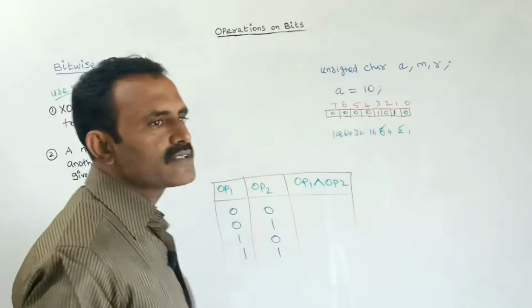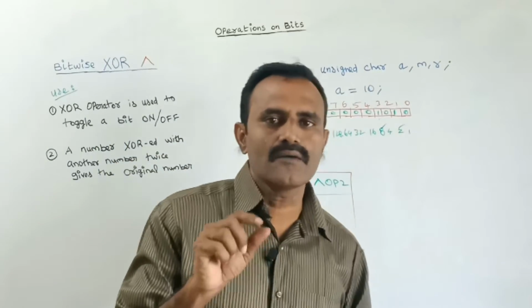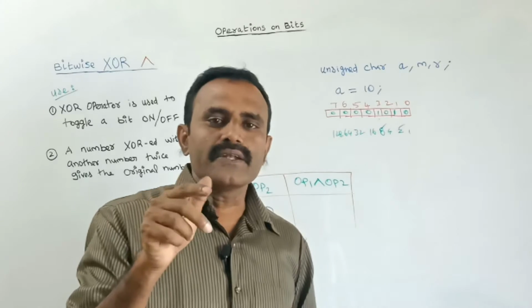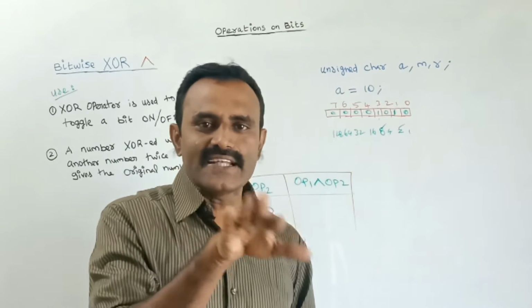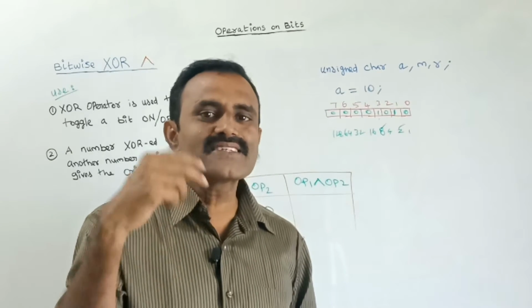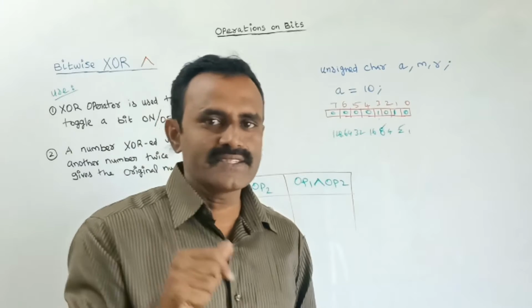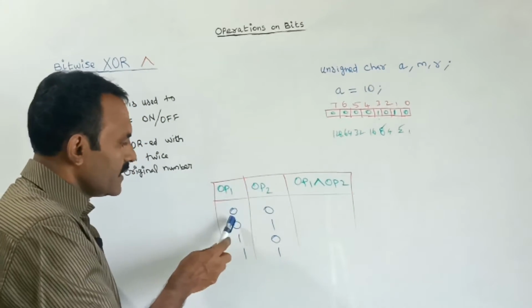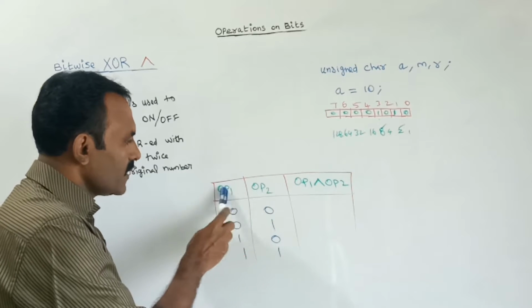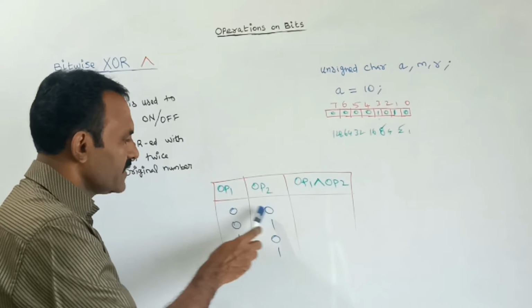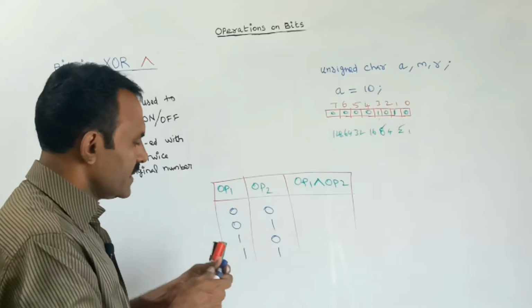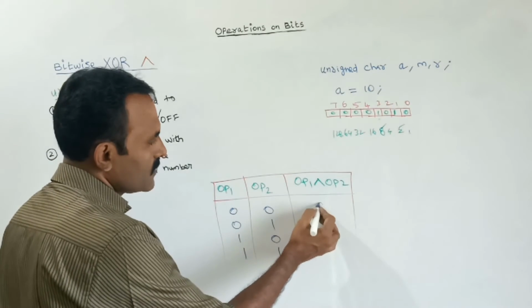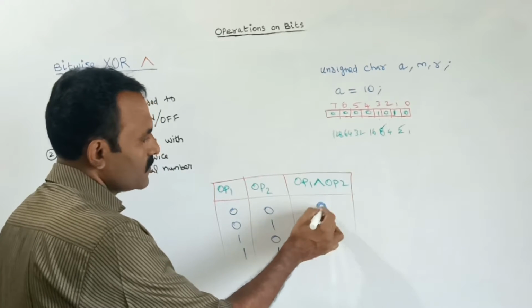For the bitwise XOR operator, if both operands have the same value, then the result is false. For example, operand 1 and operand 2 here are 0 and 0. Both operands have the same value. If it is the same value, the result is false, or 0.